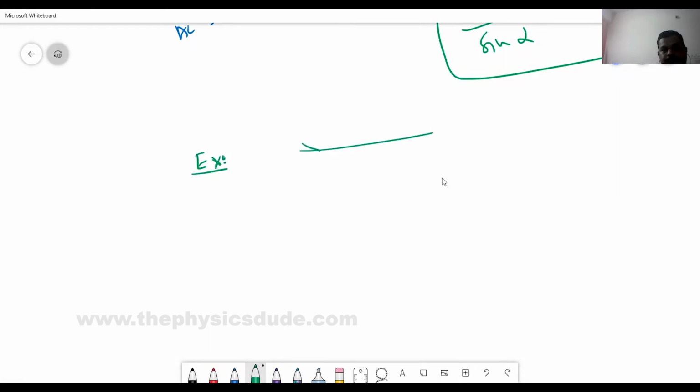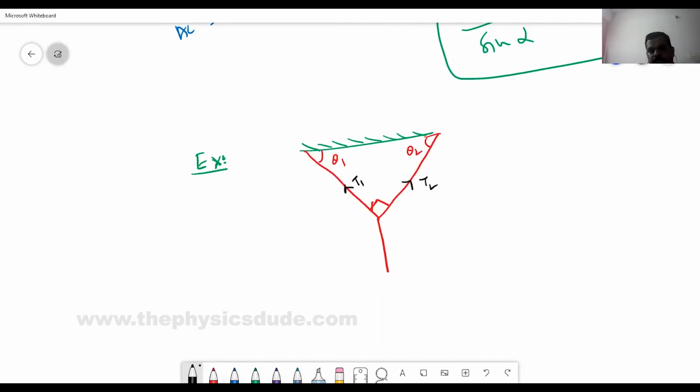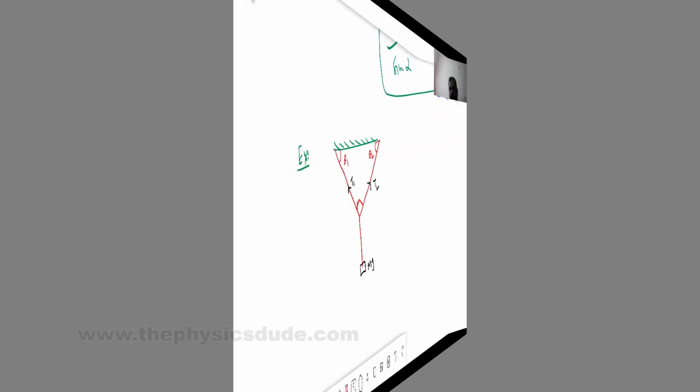For example, let's take, suppose this is theta 1, this is theta 2, and these two threads are at right angles. And suppose in this string the tension is T1, and here tension T2. I'm attaching a weight, say mg, here.